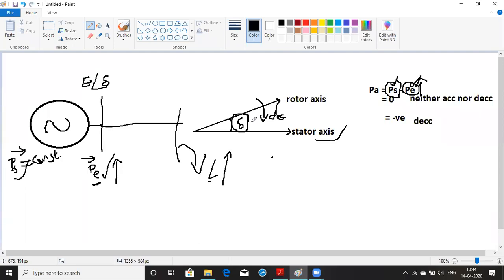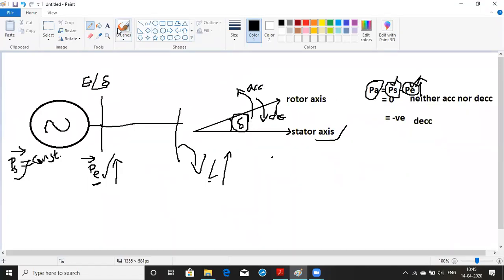Whenever I say that if there is any disturbance, the delta is going to change. How is the delta going to change? The delta is going to change based on this accelerating power equation. Based on this accelerating power equation, either it is accelerating or decelerating, and then there will be a change in this rotor axis.